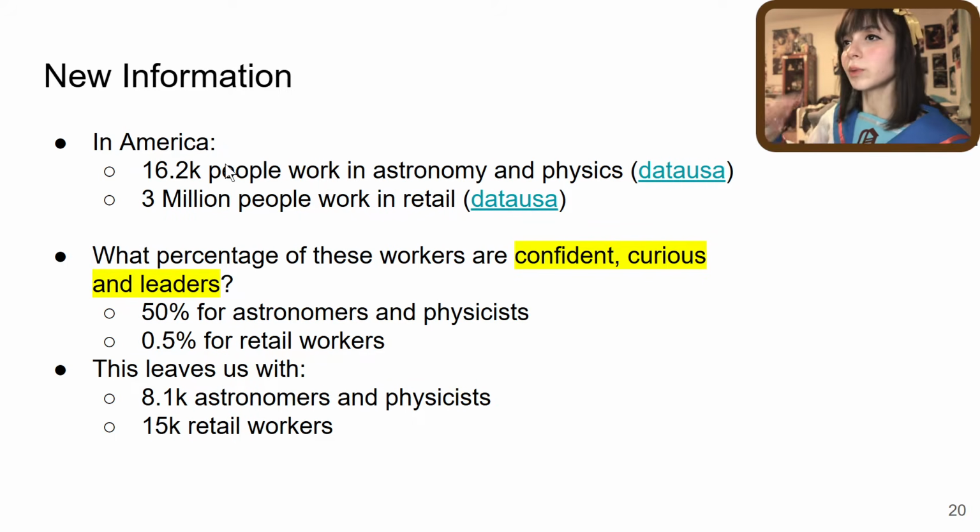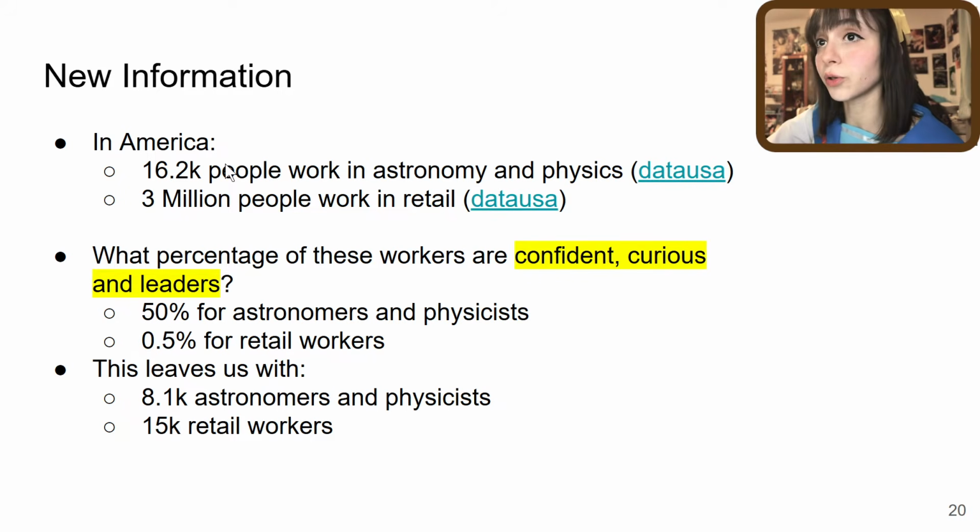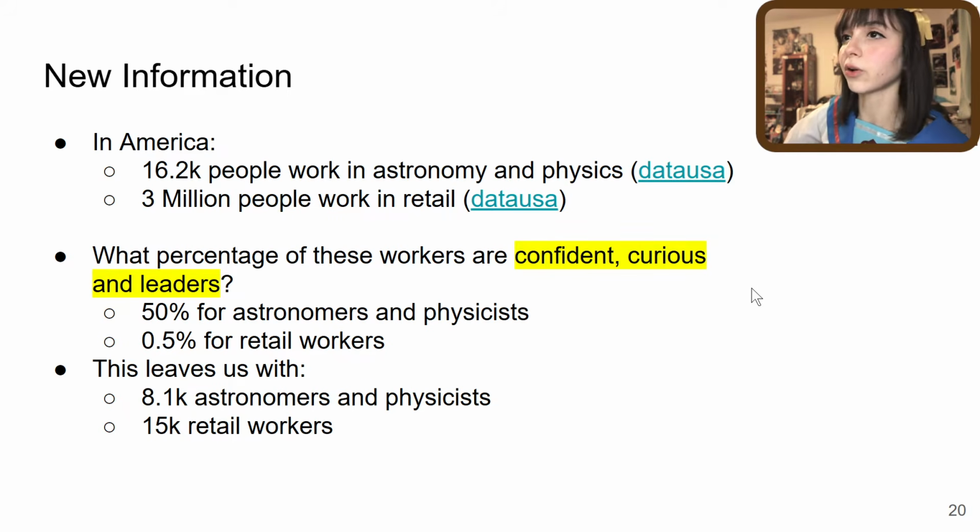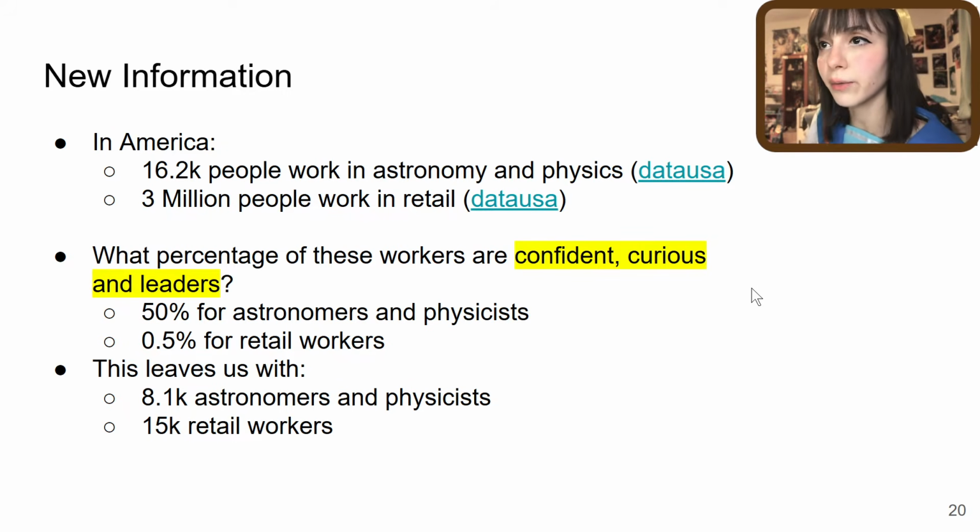So now we have a little bit more information of how many people are actually working in these two particular fields. So if we start thinking like, what percentage of these workers actually have these qualities? What percentage of them are confident, curious, leaders, etc.? Let's be really mean to retail workers and say that only 0.5% of them are confident, curious, and leaders, which is being a little bit too mean, I think, but maybe, I don't know.